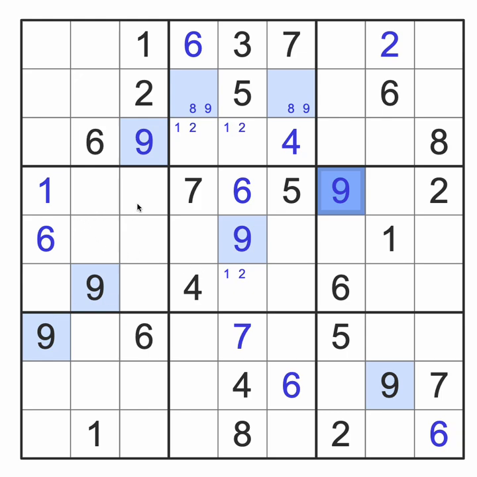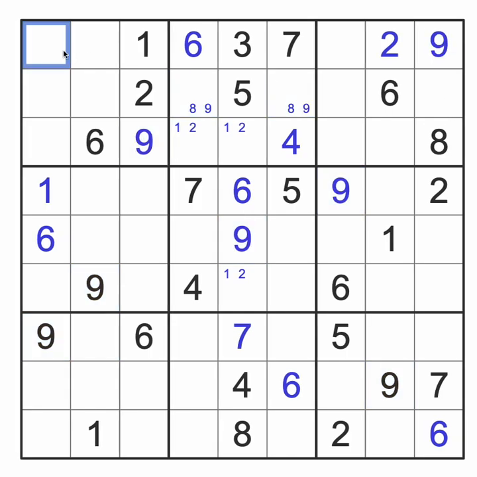Right, 3, 4, 8. Okay, so this 9 blocks here, this 9 blocks here, and here's an 8, 9 double, so this cannot be 9. That gives me 9 here.